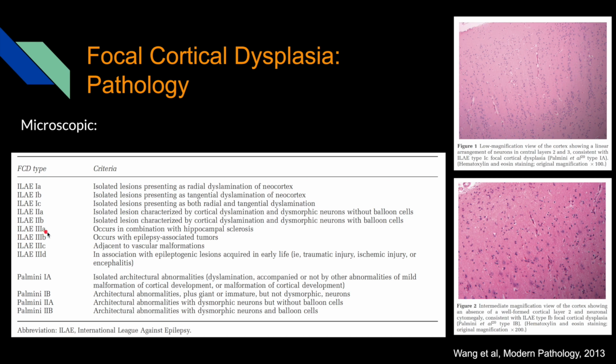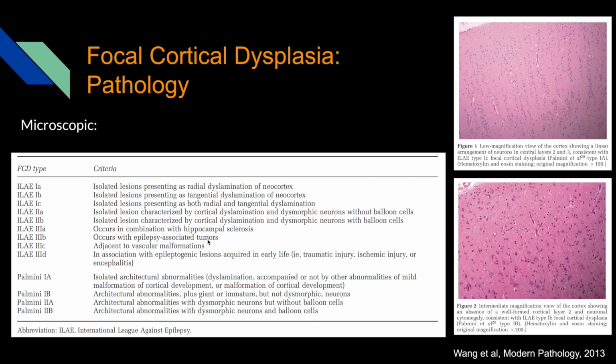ILAE 3 is really just type 1 with another pathology. So type 3A is when you see hippocampal sclerosis being found in the same specimen. You can have epilepsy-related tumors such as DNETs. Gangliogliomas are the more common types.